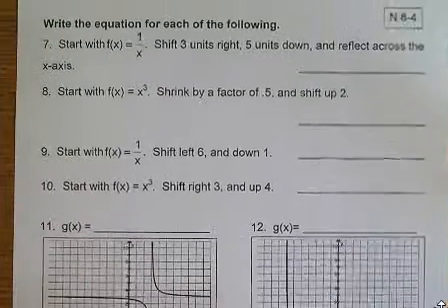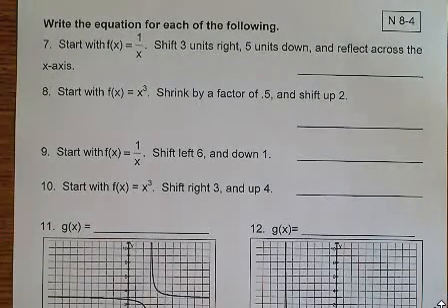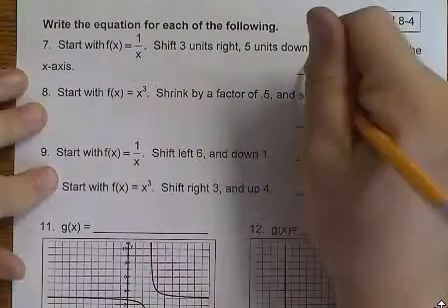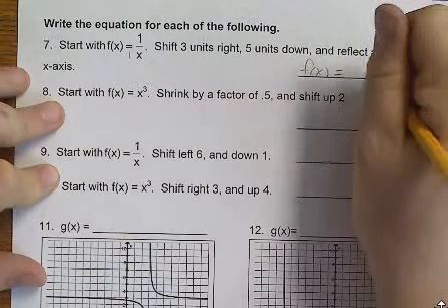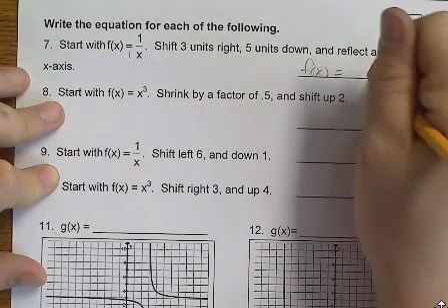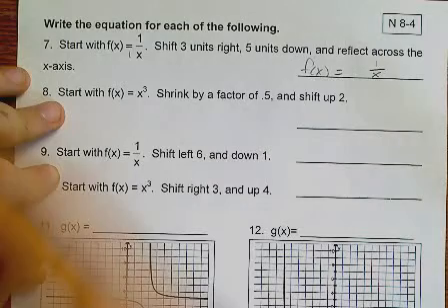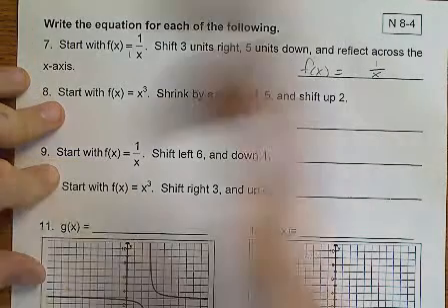Now on to just written statements and writing them out. We know we're going to start with f of x, and we know that we need to have 1 over x as part of our equation. I've left some room up front in case we're stretching. I've left some room in the back to move it up or down.